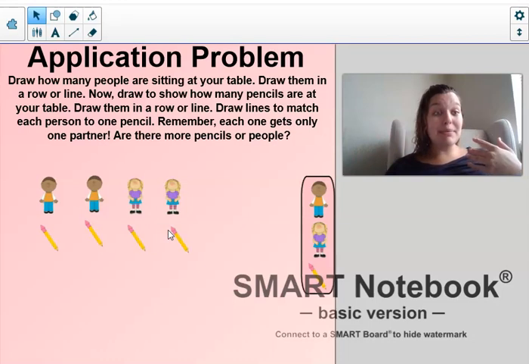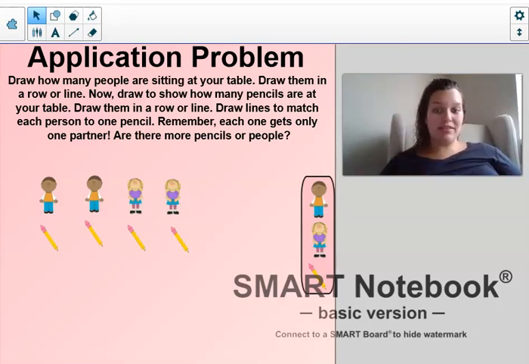We have the same amount of pencils as we do people. Very good. So there's not more in this problem. They're trying to trick us because they know today we're going to start figuring out which group has more. But they can't trick us because we realize each person has a pencil, so we have the same number of pencils as we do people.